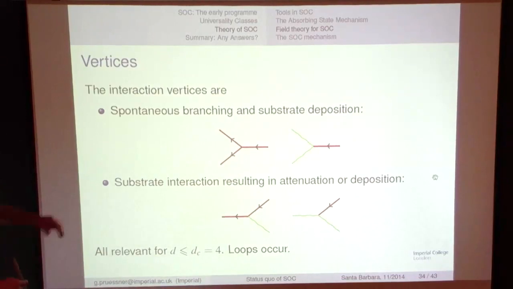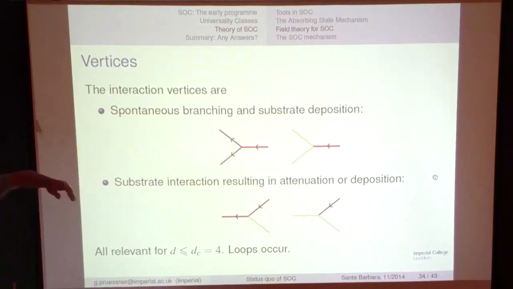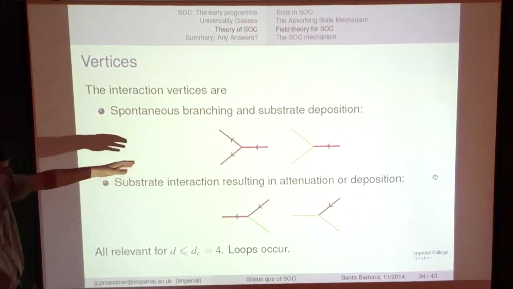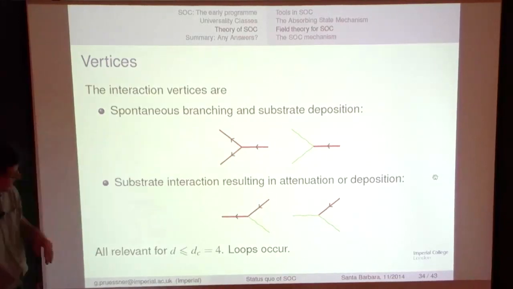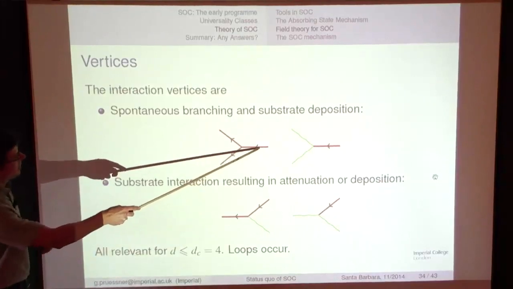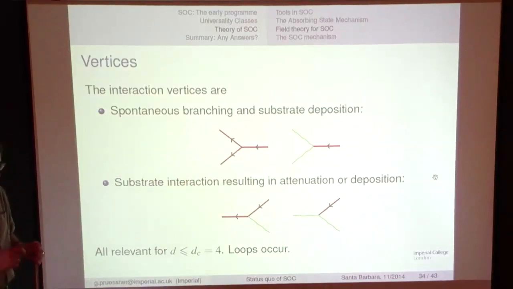This is, I have to say, a vertex that is recovered not straight from the action, but by looking at the renormalization. It is being generated by other vertices. So you end up with a theory that at least contains those four. What happens here is that a particle effectively branches into two particles, namely by hitting another particle on the substrate.